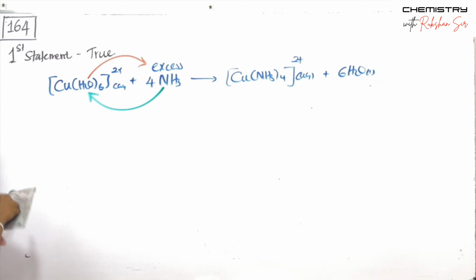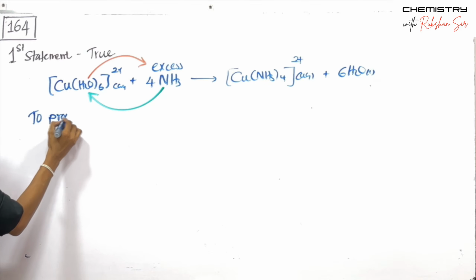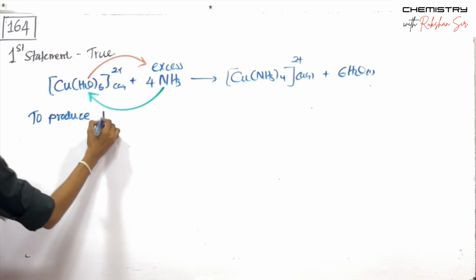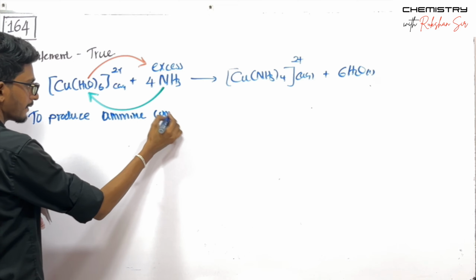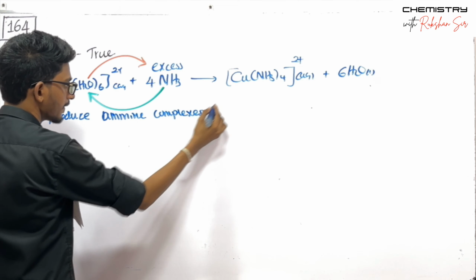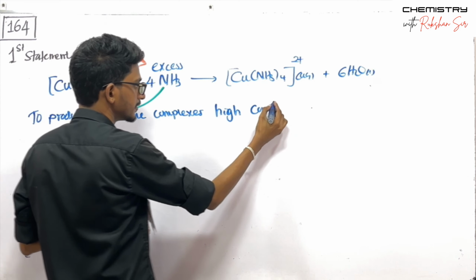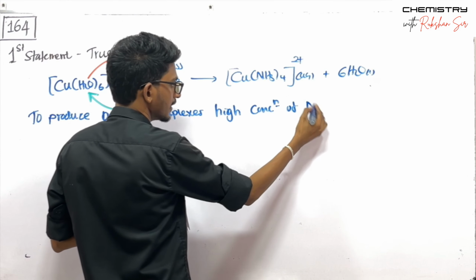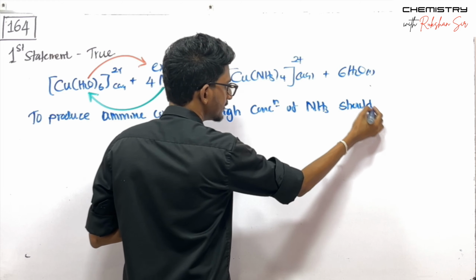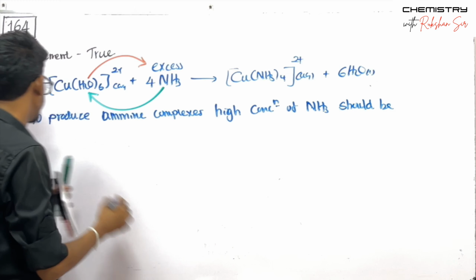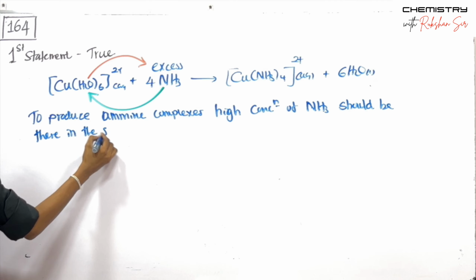To produce amine complexes, a high concentration of NH3 should be there in the solution.